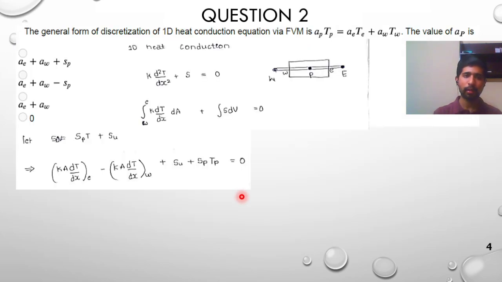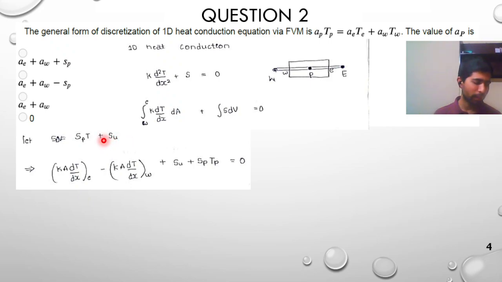Now S can be a constant, or it can be a function of temperature, like I said, the electrical wire example. So we just write it as a linear function of temperature. Again you can write it as T square and all, but in general we just take the source term as a linear function of temperature, and then a constant also.